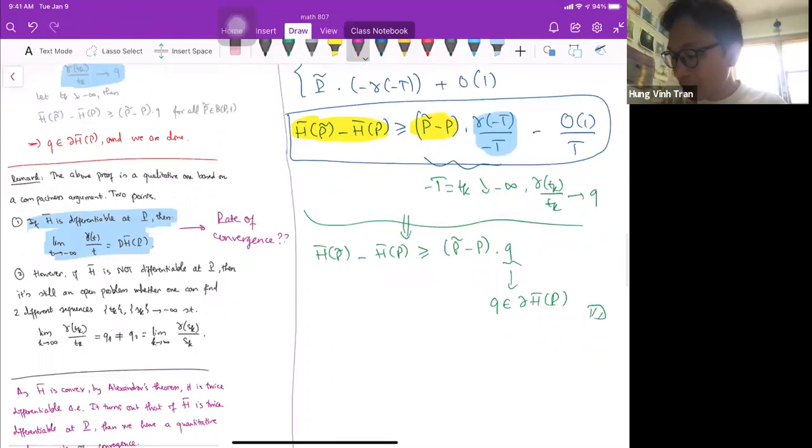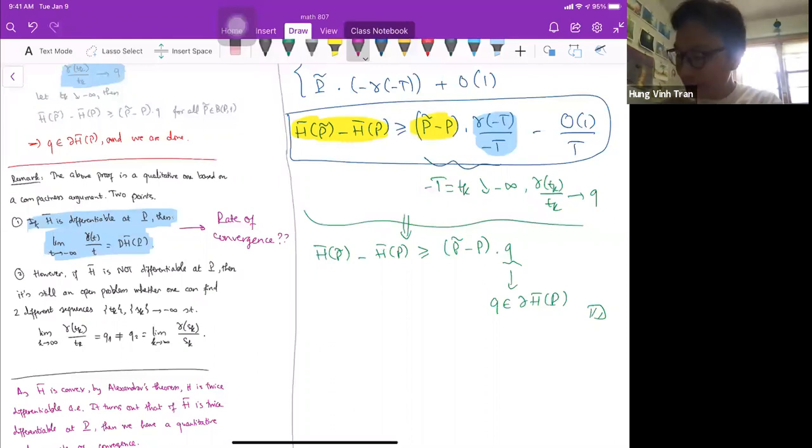Okay, and then if h bar is not differentiable at P, then there's still this simple but important open question I asked Fatih, even you or others, that I don't see written down yet. If h bar is not differentiable at a point, right?